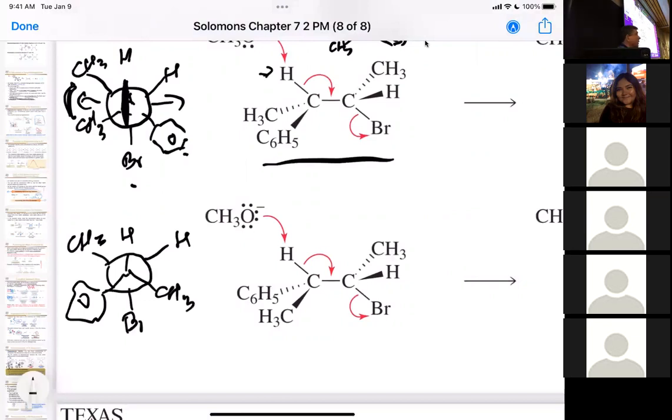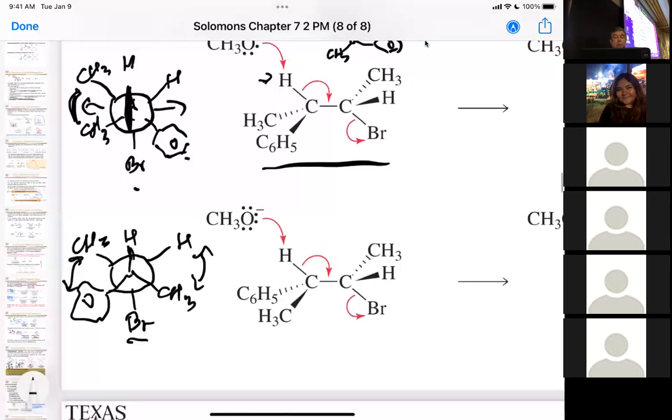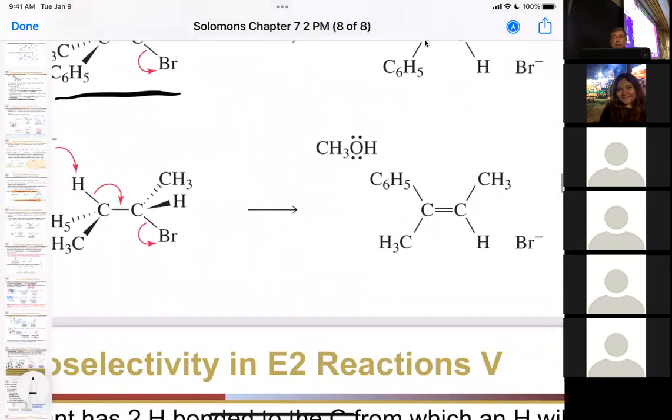So to get that hydrogen and that bromine to be periplanar, we're going to end up with the methyl group and the phenyl group on the same side, and a methyl group on the hydrogen side. And so if we look at our final product, we see the phenyl and the methyl are on the same side, and the methyl and the hydrogen. So it's best when looking at this to figure out which E and Z isomer you're going to have, to try to draw that Newman projection.